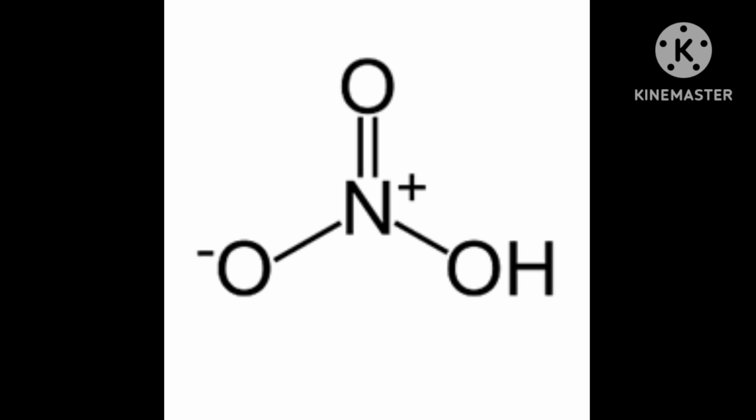This method is based upon catalytic oxidation of NH3 by atmospheric oxygen. This is the large scale Ostwald process. Here you will get nitric acid by use of ammonia.